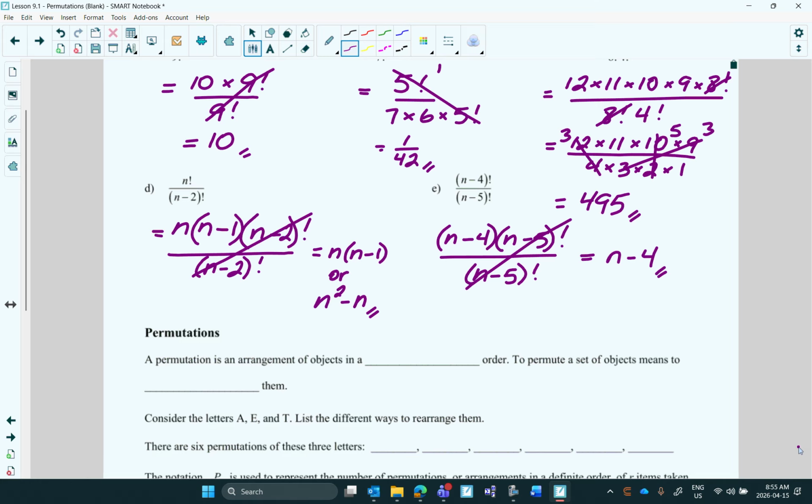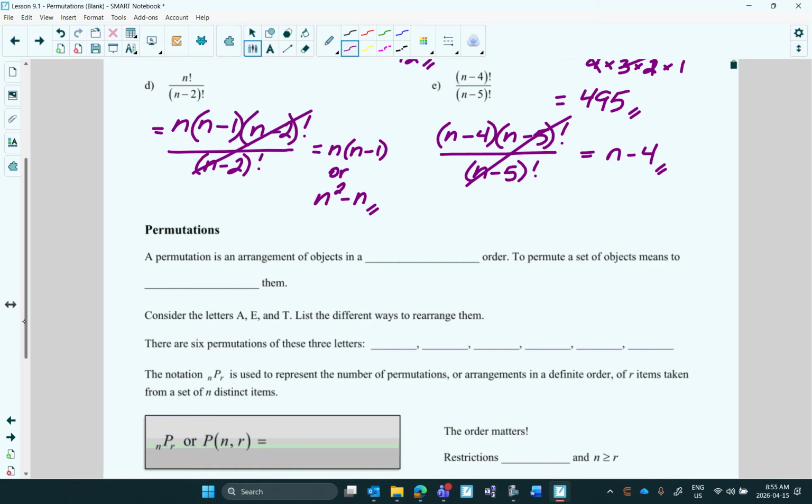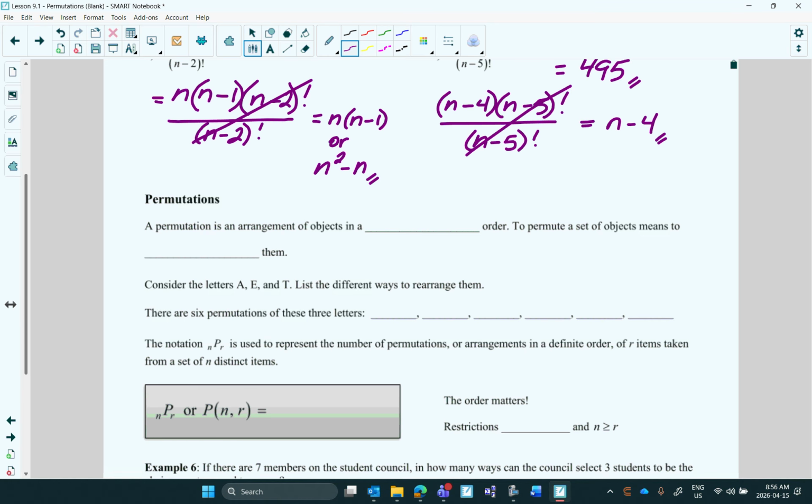So what we've been doing here, these type of examples, besides the factorial, the problem solving ones, are permutations. Okay? And a permutation is an arrangement of objects in a specific order.